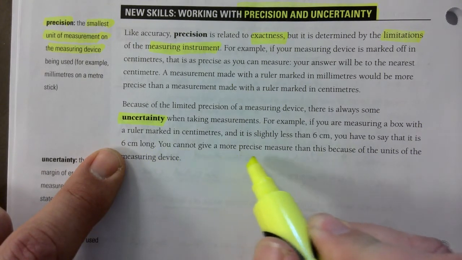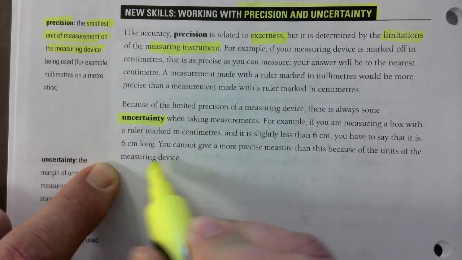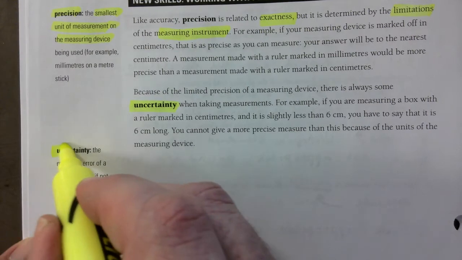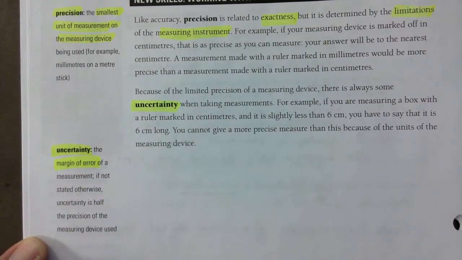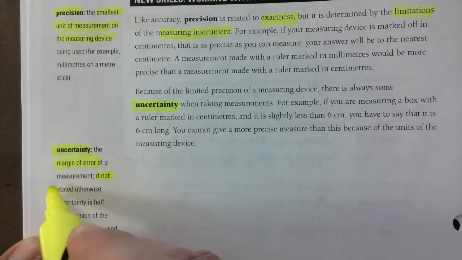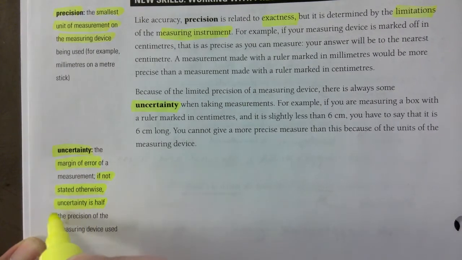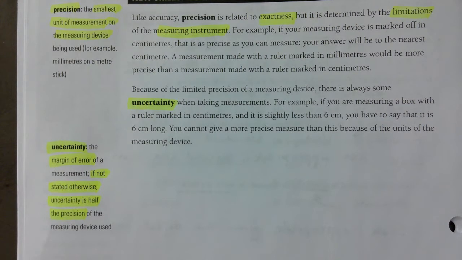You cannot give a more precise measure because of the units of the measuring device. Okay, so I will highlight this. Uncertainty is the margin of error. Okay, this is important: if not stated otherwise, uncertainty is half the precision. Very, very important.